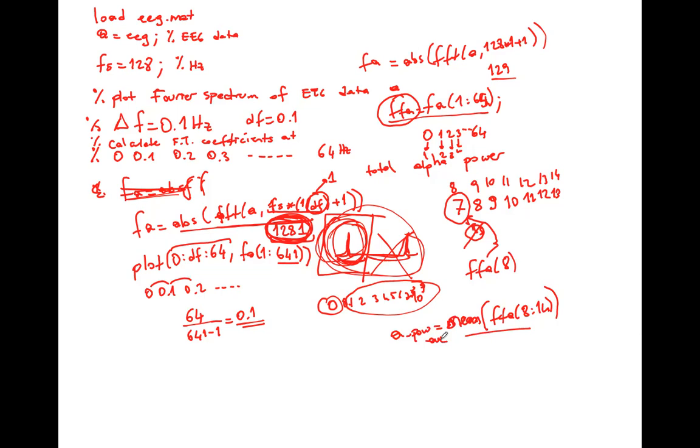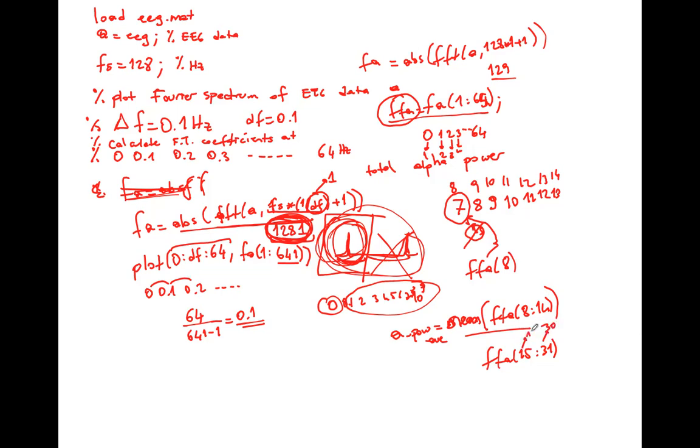Takip ediyor muyuz gençler? Yes hocam. Tamam mı? Yes, hocam. Yani if it is beta, then I will go from, let's say, FFA of 15 to 31. Because 31 is like 30 hertz.